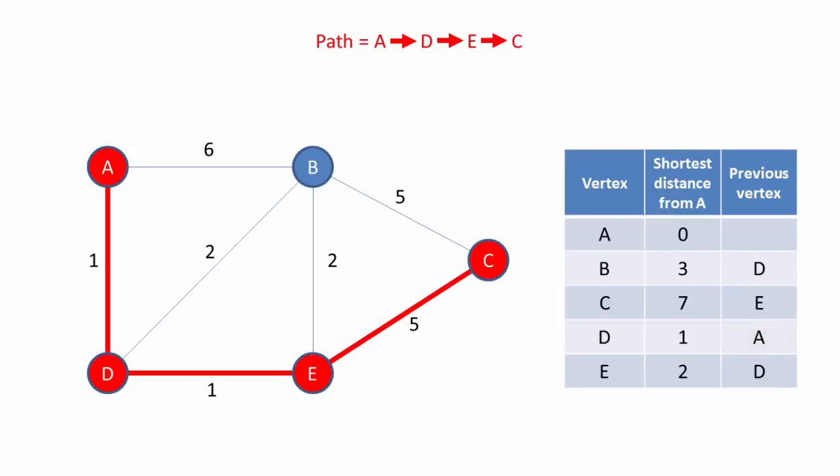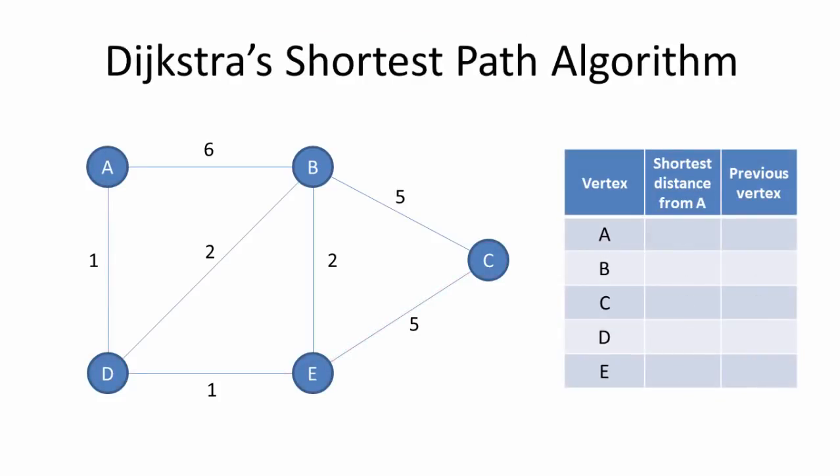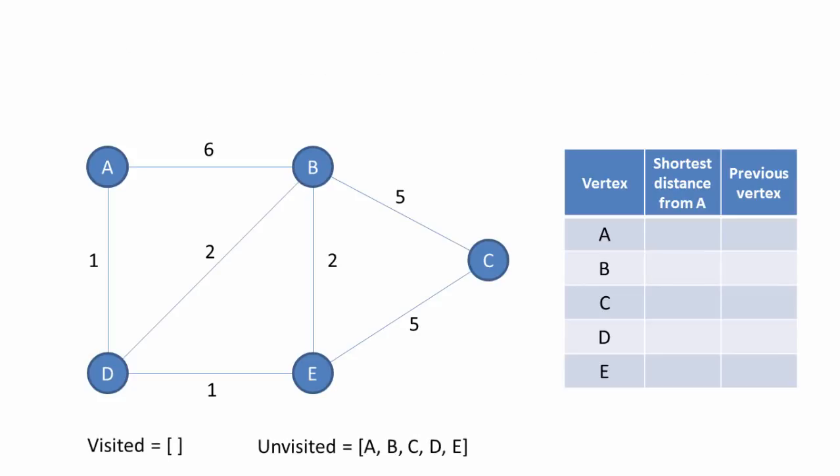So how does Dijkstra's algorithm go about generating this information? Dijkstra's shortest path algorithm works as follows. We're using two lists, one to keep track of the vertices that we've visited, and another to keep track of the vertices that we haven't visited yet.